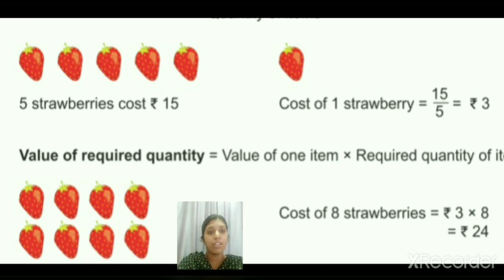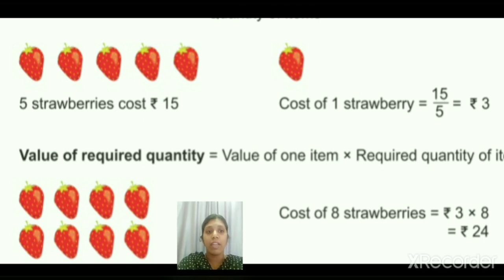So this is unitary method. The cost of something will be given. First we will find the value of 1, and then we will find the value of the required quantity. Whatever quantity is given in the question, for that we have to find.